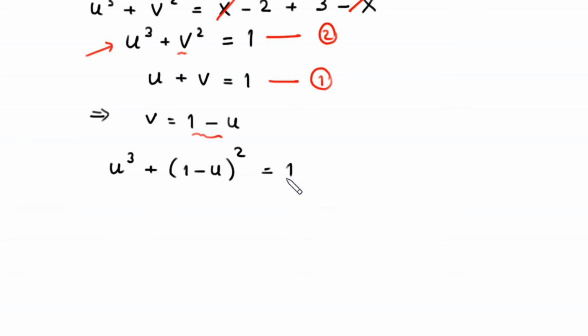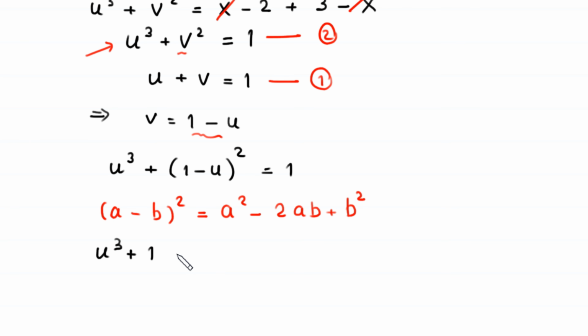By using this algebraic identity, (a minus b) whole squared is equal to a squared minus 2ab plus b squared, the left hand side will become u cubed plus, for 1 minus u whole squared, 1 squared is 1 minus 2 times u plus u squared, equal to 1.